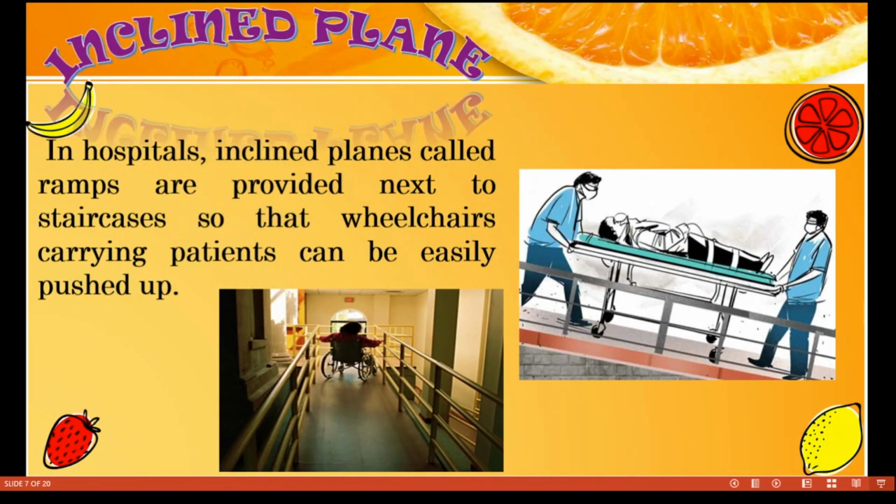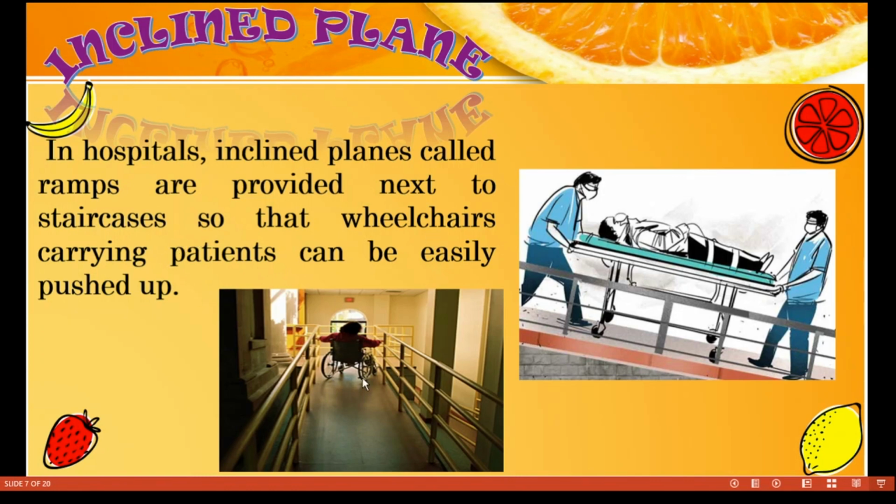If you look at hospitals, inclined planes are also called ramps. Ramps are provided next to the staircase so that wheelchairs carrying patients can be easily pushed up. This is easily understood. In every hospital there will be a ramp very next to the staircases.